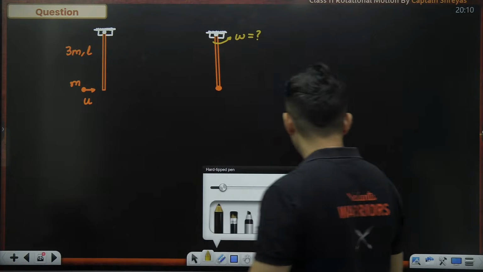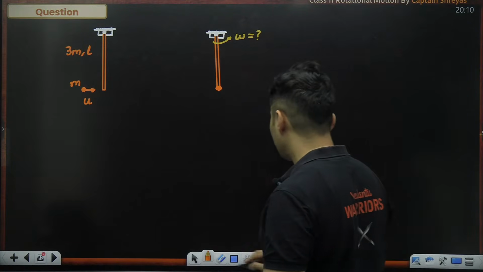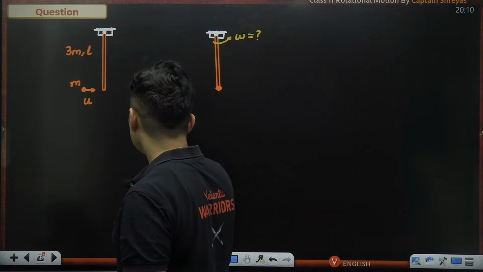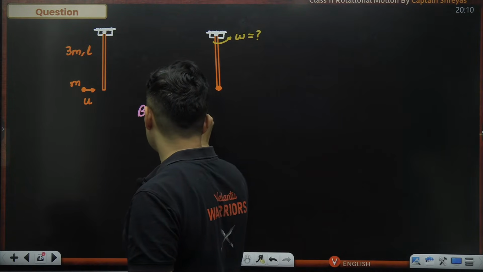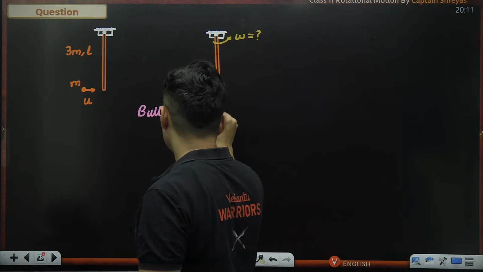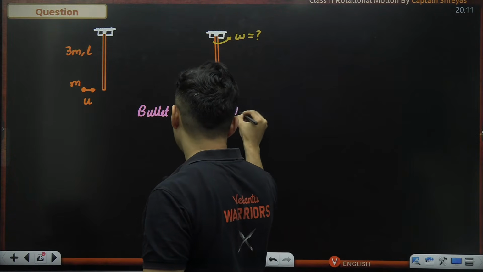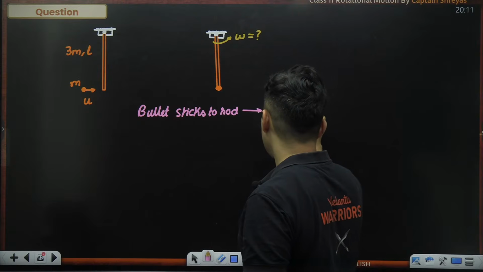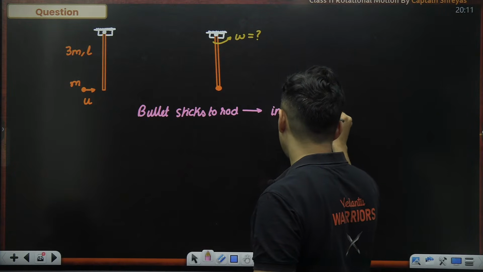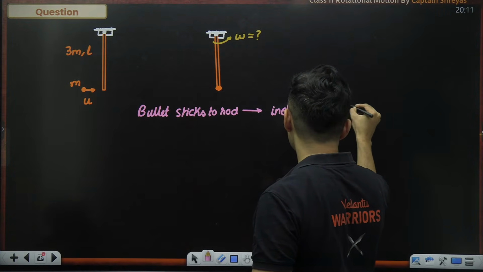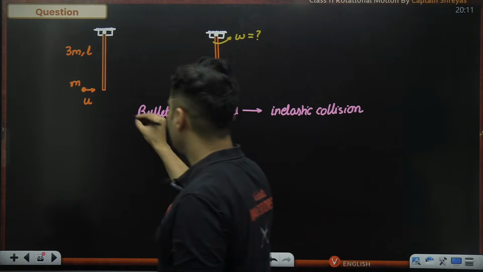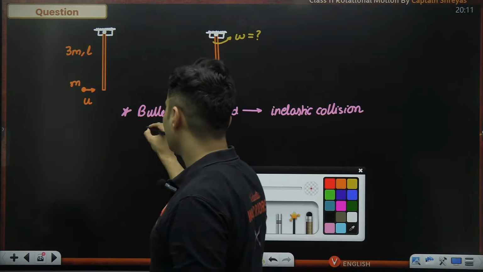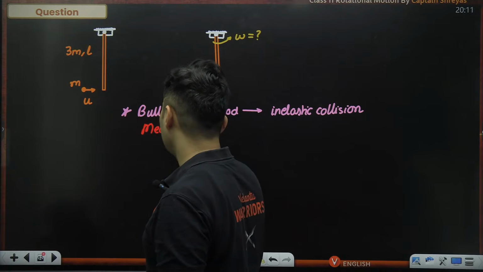First of all, because it is clearly mentioned that the bullet sticks to the rod, what kind of collision is it? It is definitely an inelastic collision. And in any kind of inelastic collision, obviously, what is not conserved? Mechanical energy is not conserved.